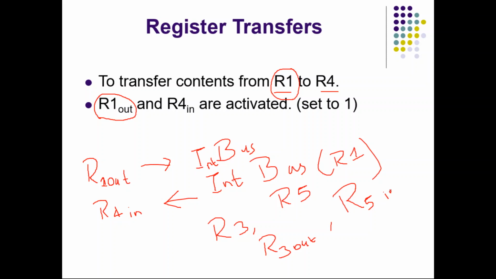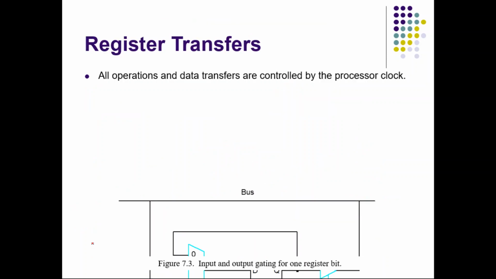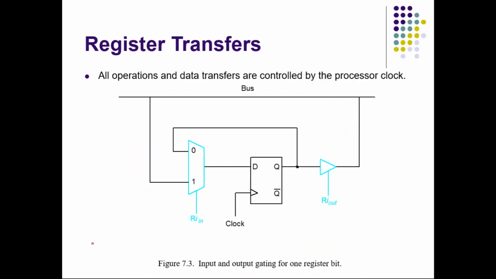But what is in the internal bus currently? The content of R3. So R3 is moved to R5. And these two operations will be done in the same clock cycle. Right? So this is how the contents are transferred from one register to another register.